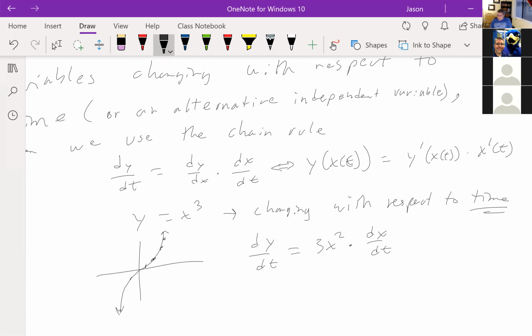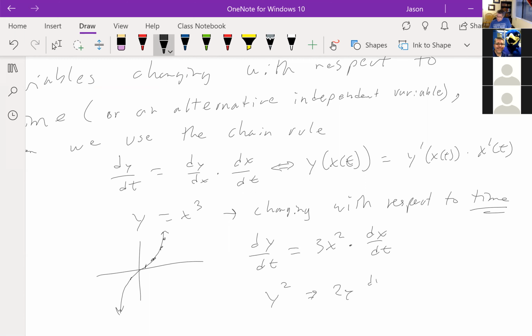So very similar to what we've done with implicit differentiation, right? Because when we implicitly differentiated, when we did a y squared or something like that, that would be y with respect to x, right? So then we say, oh, well, this becomes 2y prime. Well, why do we have to put the y prime?